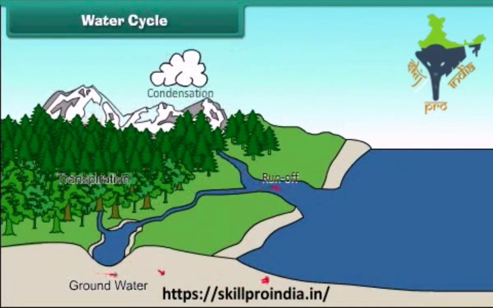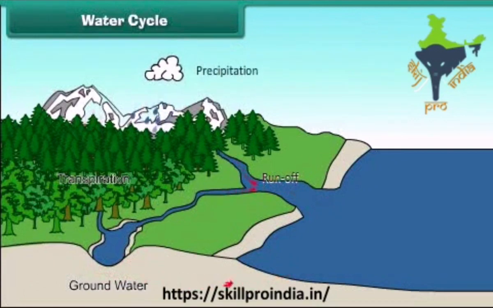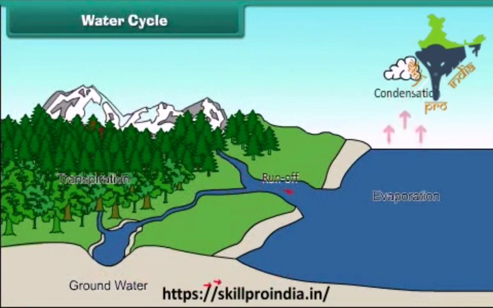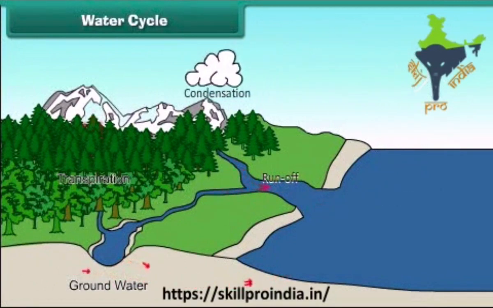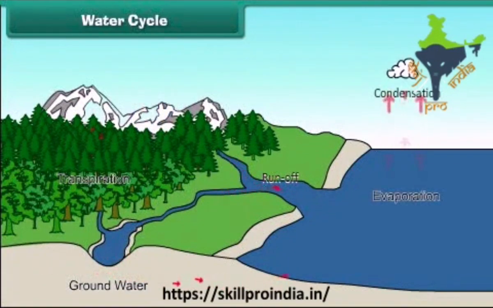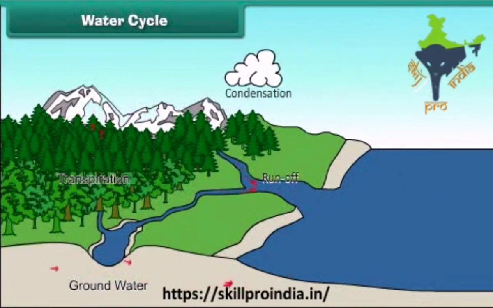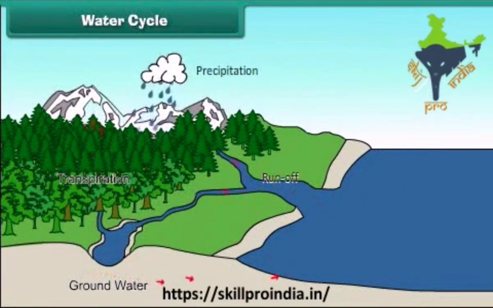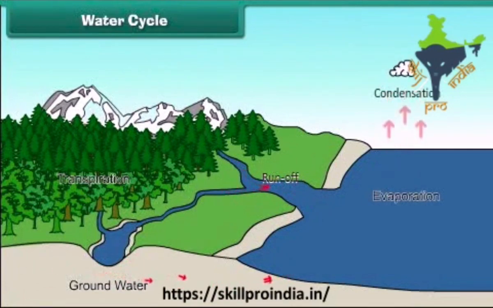This water vapor rises up in the air and gets cool and turns into cloud and finally into rains. Then, after raining, land water goes to lakes and rivers, which then flow back to the seas or oceans, and the cycle completes. This cycle gets repeated again and again.